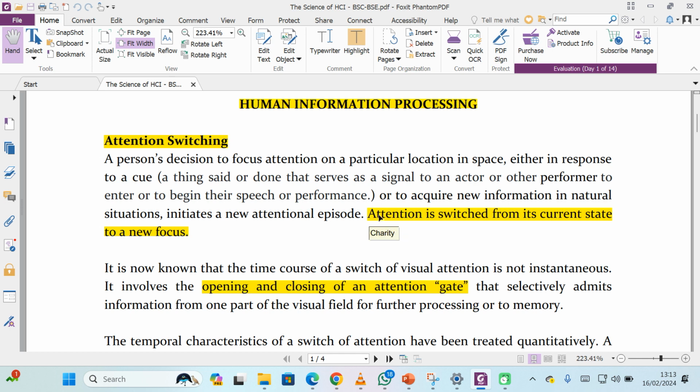Attention switching is the switching from a current state to a new focus. It is a person's decision to focus attention on a particular location in space, either in response to a cue or to acquire new information in a natural situation. So when you are doing something and you stop to do another thing, that is where your mind is switched from the previous state to the current state.